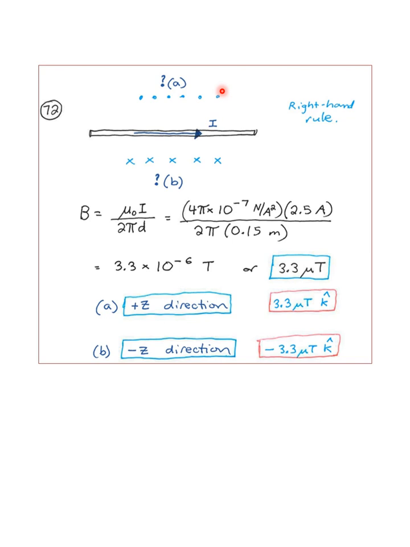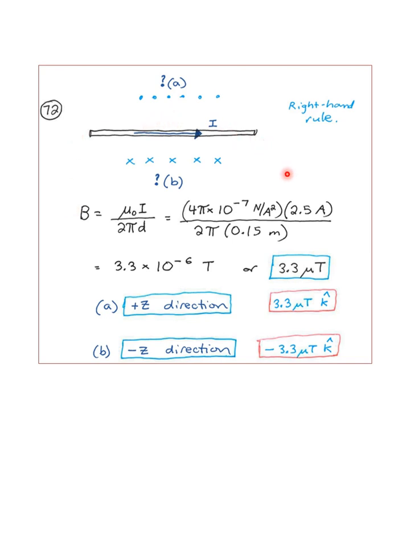Number 72, a long straight wire with 2.5 amperes along the plus x-axis. Find the magnitude and direction of the magnetic field at A, a point 15 centimeters away on the plus y-axis. And so you can see on my picture, there it is. And part B, a point 15 centimeters away on the negative y-axis. So there it is. All right, actually, let's do the direction first.